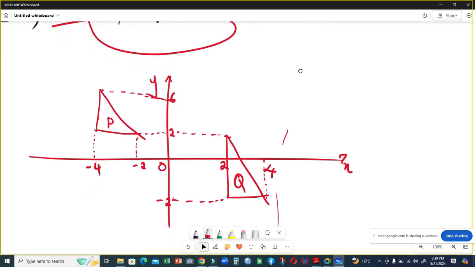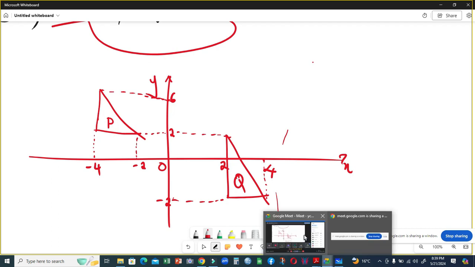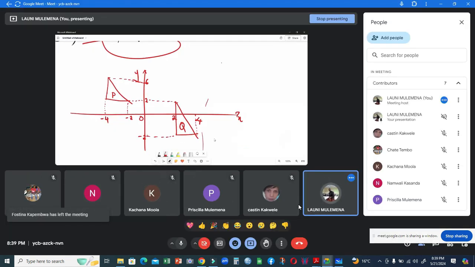So for us to describe, we first need to identify whether the transformation that maps triangle P to Q is translation, refraction, or rotation. So we need that ability of identifying. I'll explain in a nutshell the differences between refraction, rotation, and translation so that we can have an idea.